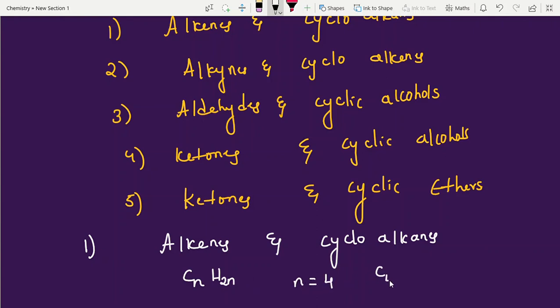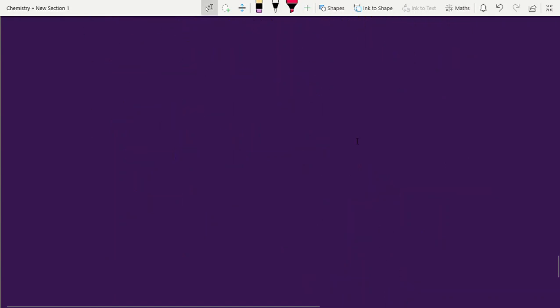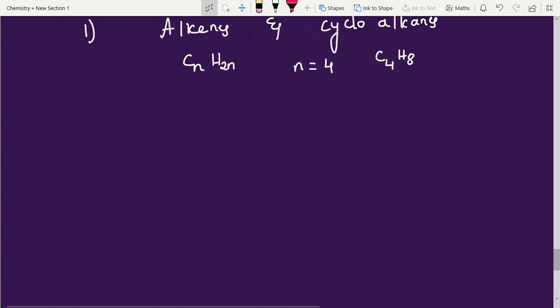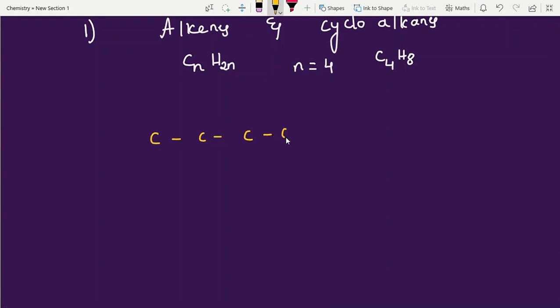Then what will you get? C4H8. With C4H8, what is this alkene? Can you write what is the alkene C4H8? Butene. Butadiene or butene? Check it. 1, 2, 3, 4. Right?